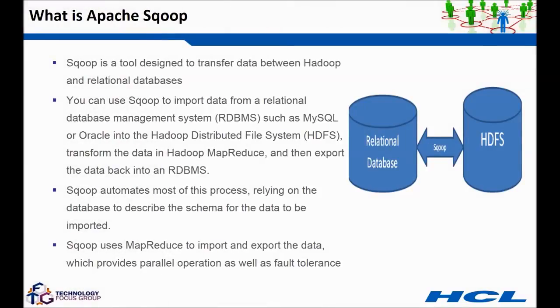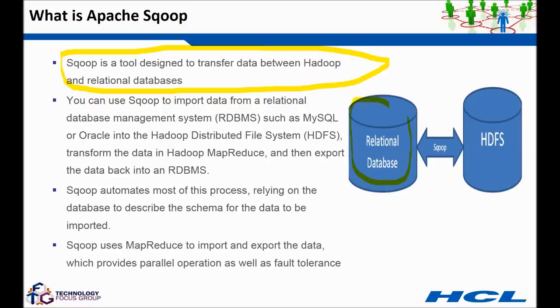Okay, so now what is Apache Sqoop? Sqoop is a tool designed to transfer data between Hadoop and relational databases. This is the crux of what Sqoop is. You have your RDBMS, enterprise data warehouses, and other source systems, and you want to use the power of Hadoop to do some kind of processing.